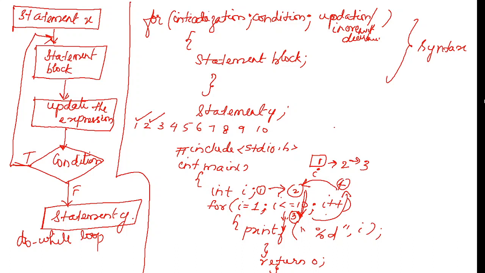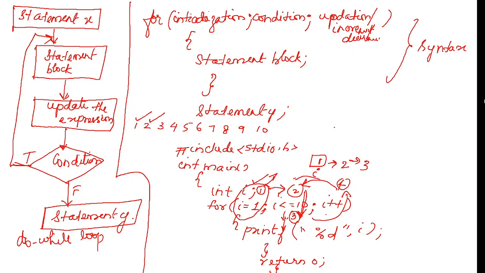Now you can see from this pictorial representation that there is one important point to be remembered: in the for loop, the initialization is done only in the first stage. After the initialization, it does not enter the loop again.